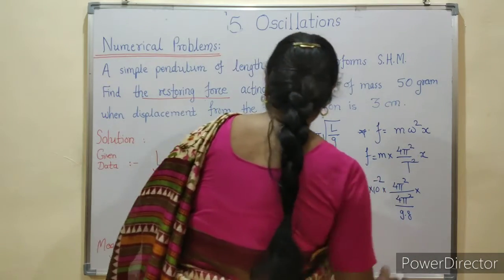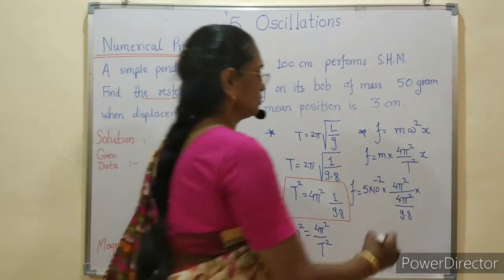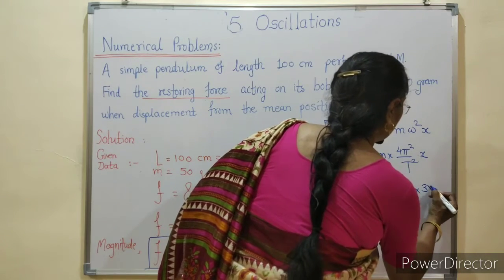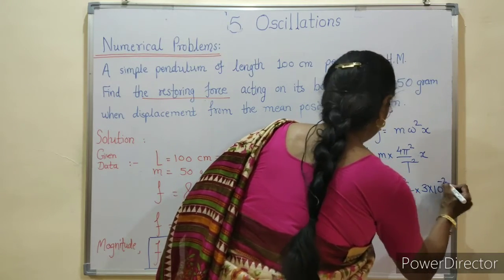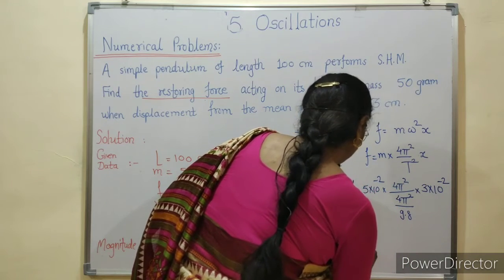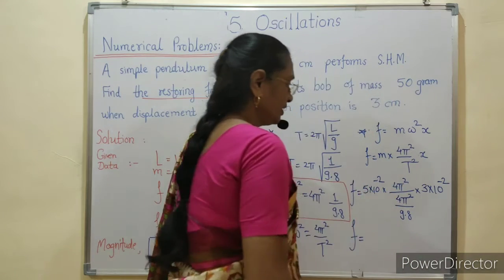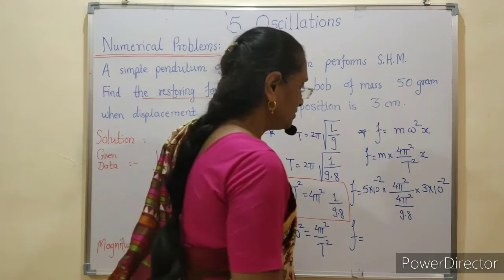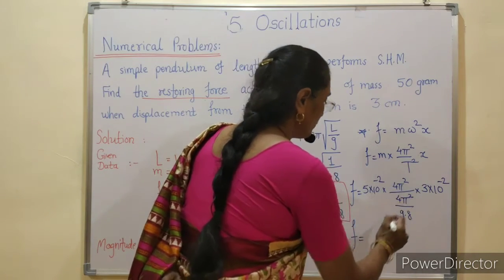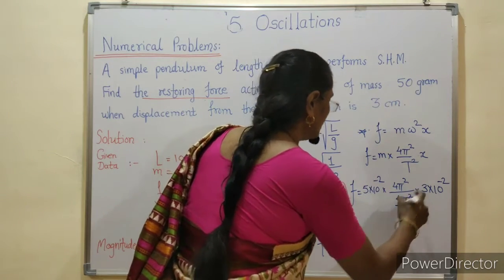And X is 3 into 10 raised to minus 2. So F, that is restoring force. Here what can we simplify? 4 pi square gets cancelled. 5 into 3 is 15.